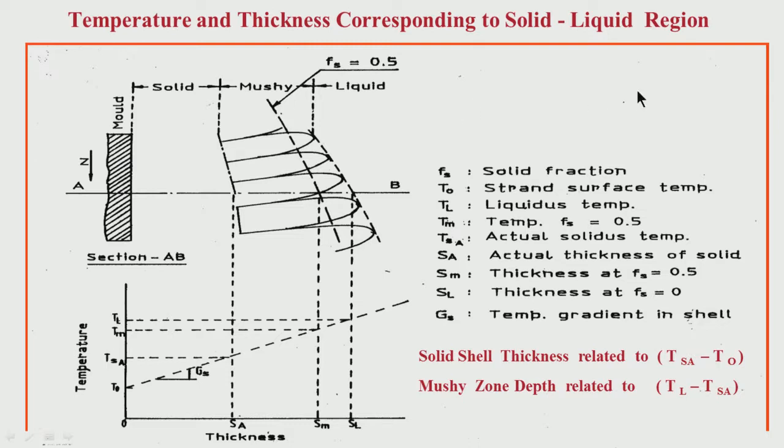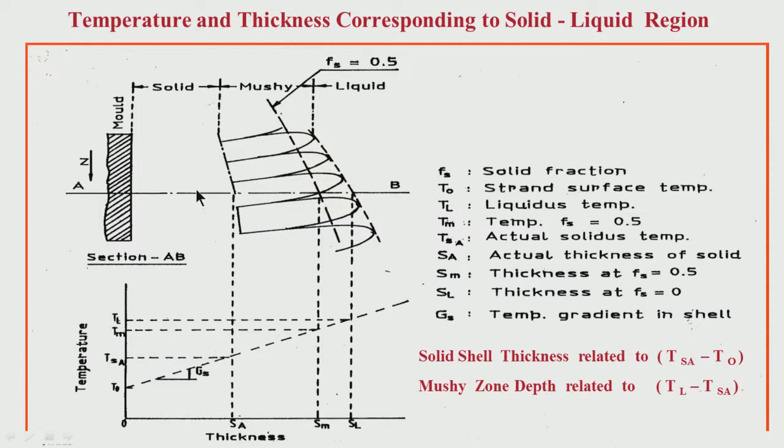If you have more segregation, what is going to happen? TSA, the actual solidus temperature, is suppressed, so the difference between the liquidus and TSA increases.